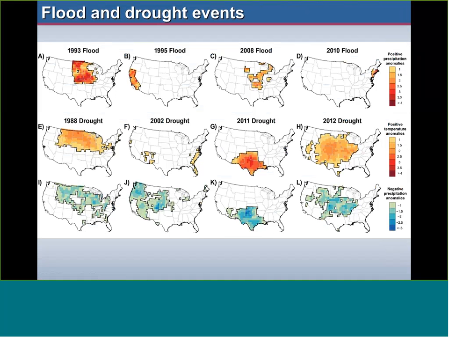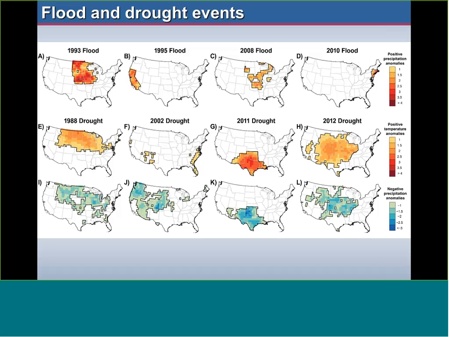Now, we can fast forward and think about extremes. So far we've talked about monthly data. What we've done is we have considered 4 floods and 4 drought events. The selection that we have made was such that we tried to have events from the eastern U.S., central U.S., and western U.S. And the way we have defined a flood or a drought is based on the characterization in the billion-dollar disasters by NCDC.